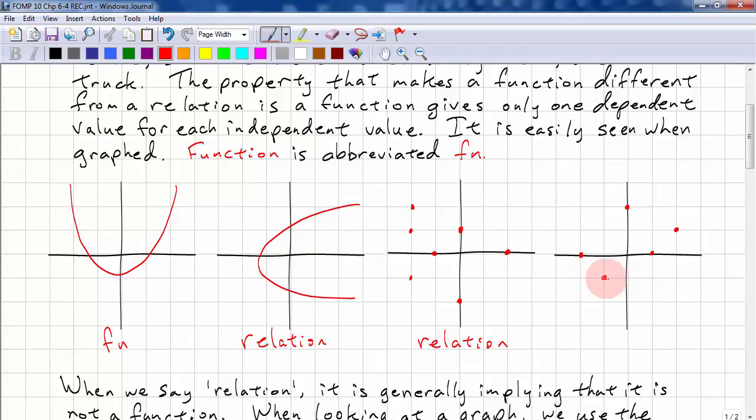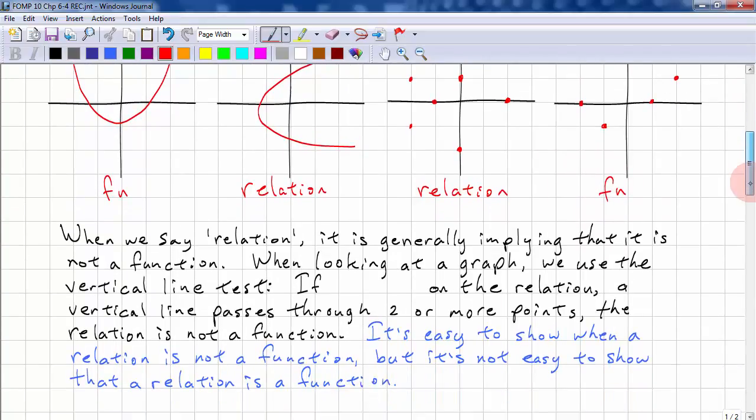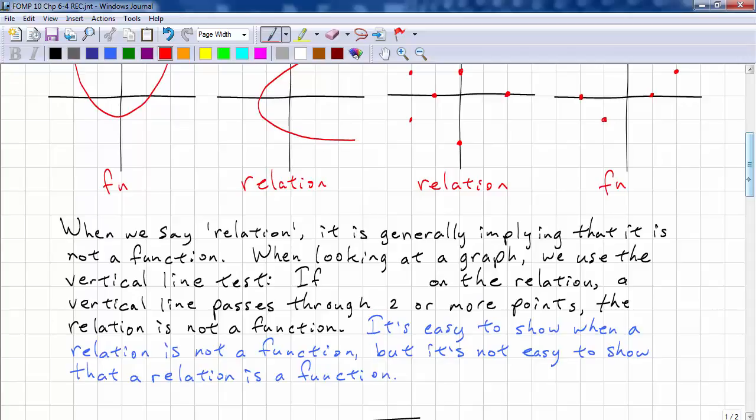Here we only have one dependent value for every independent value. So this is a function. Now, when we say something is a relation, it generally implies that it is not a function. So it's strictly a relation.